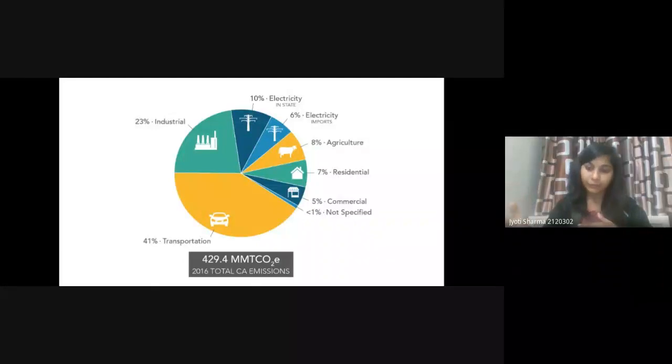For example, for agriculture we generated an emission inventory. For residential, we created a different emission inventory. Likewise, we have a variety of activities, and based on that we divided our emission inventory into different parts. Here we can see the different proportions of carbon dioxide released into the atmosphere by different types of sectors.